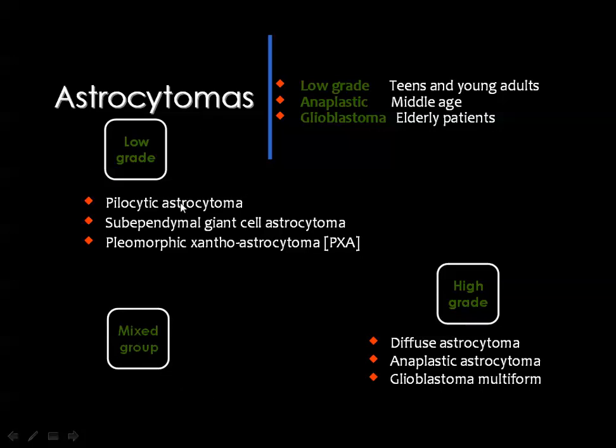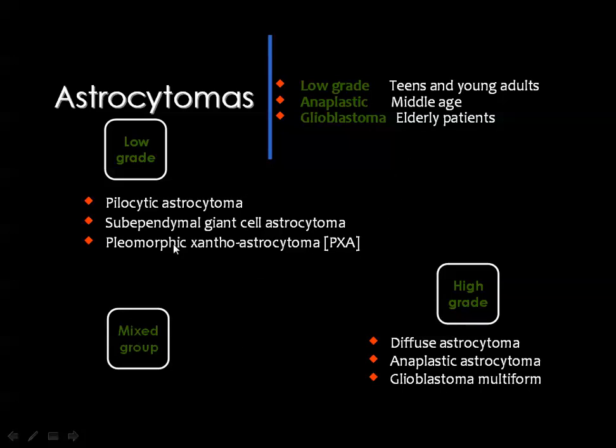Each of these categories may include 3 or more types of tumors, and the literature says that low-grade lesions are seen in younger age, anaplastic lesions are seen in the middle age, and the most aggressive glioblastoma multiforme is usually seen in elderly patients. But you know that this is not a rule, and you can see glioblastoma in the pediatric age group.